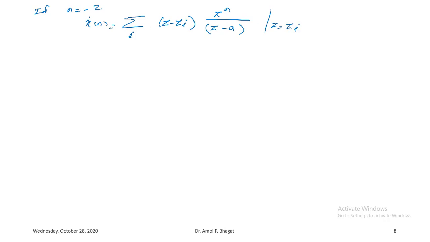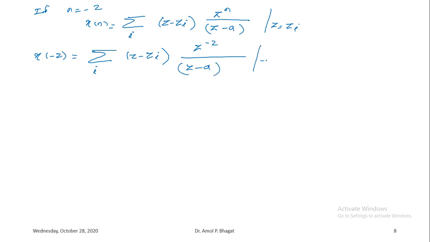So for n is equals to -2, x of -2 is equals to summation for all i of z minus zi, z to the power -2 whole upon z minus a. Again, there are two poles, so I will be evaluating it for two different values of zi.